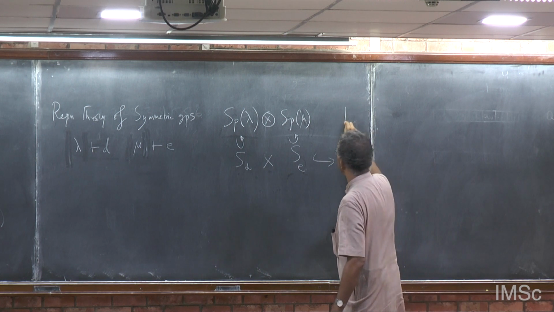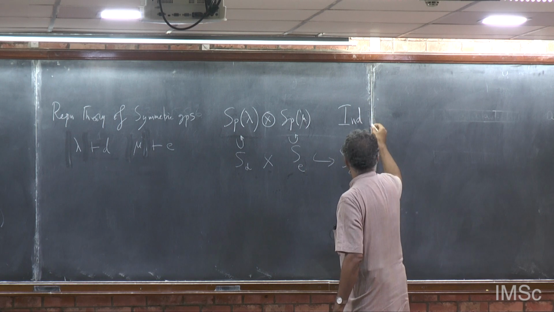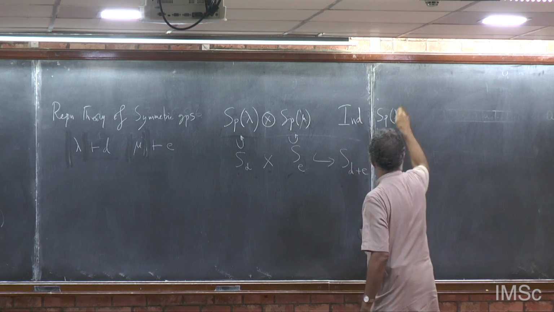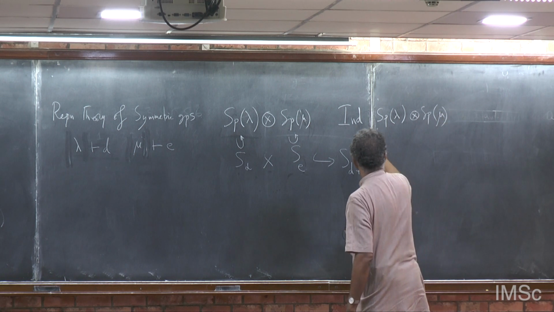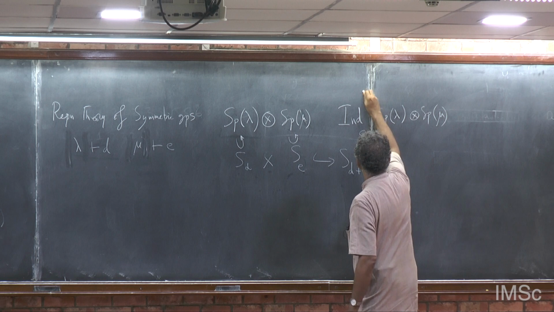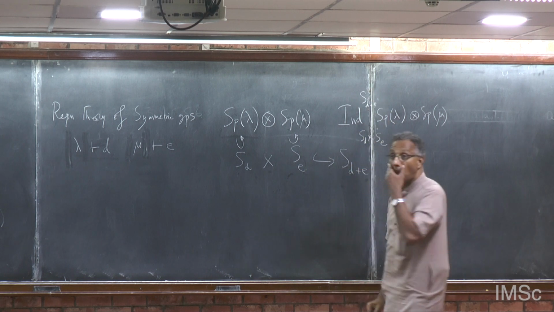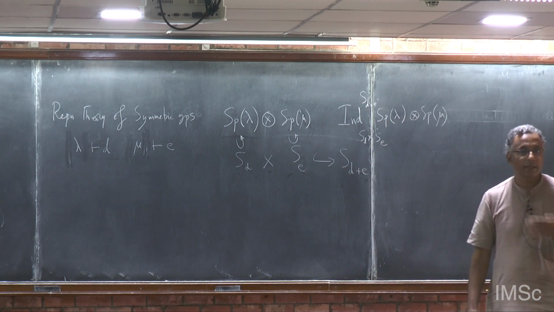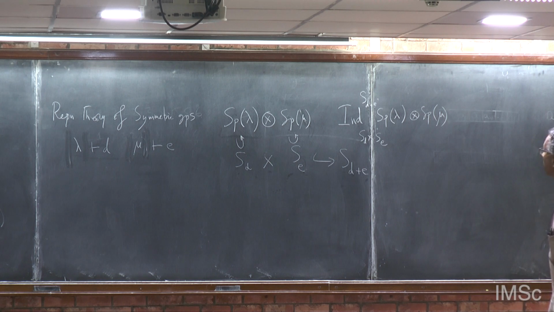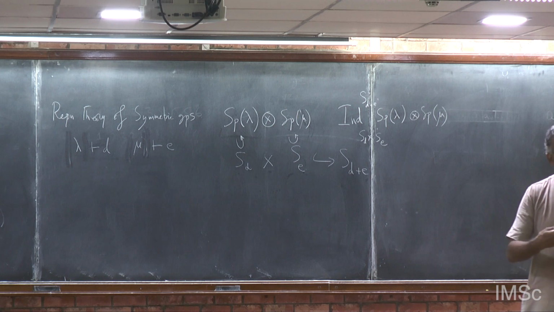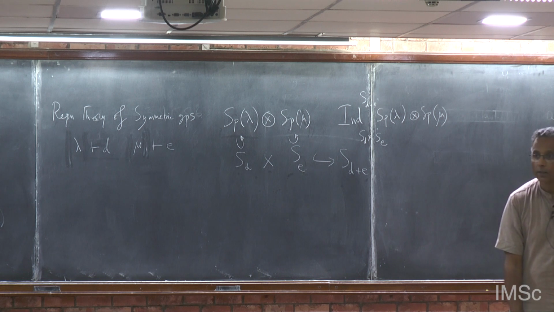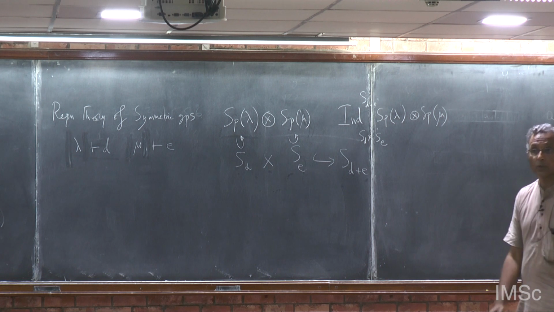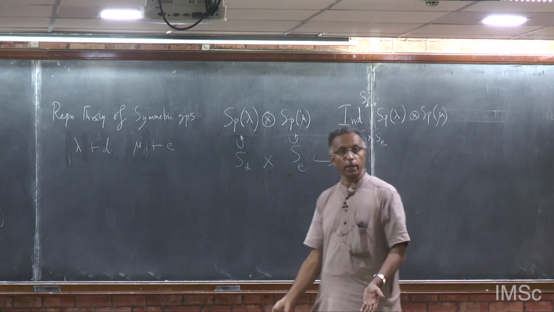So you induce this Specht lambda tensor Specht mu from this S_D cross S_E to S_{D+E}. And you want to write this as a direct sum of irreducible representations for S_{D+E}. And what are they indexed by?